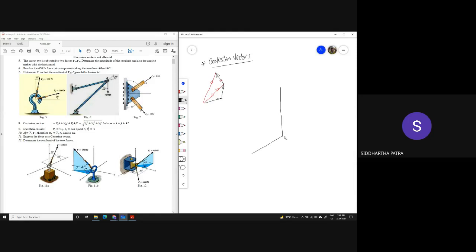So imagine these are our coordinate triads, x, y, and z directions, and we want to look at this vector A over here.